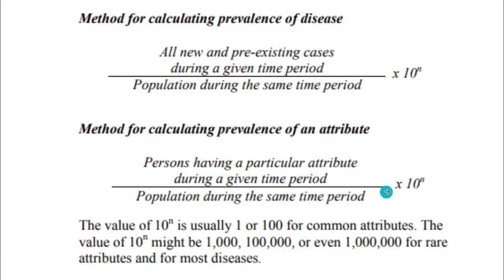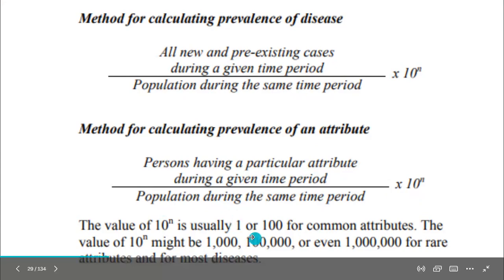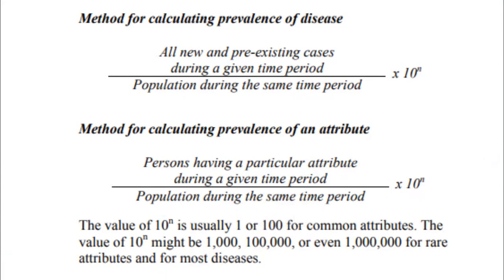The factor is usually 1 or 100 for common attributes, but the value might be 1,000, 100,000, or even 1 million for rare attributes, for most diseases. That is to better express reasonable values.